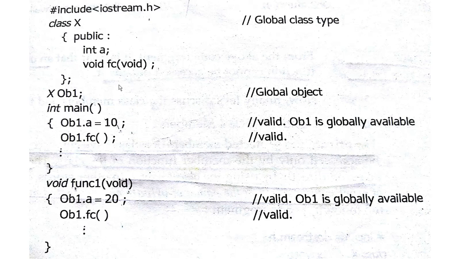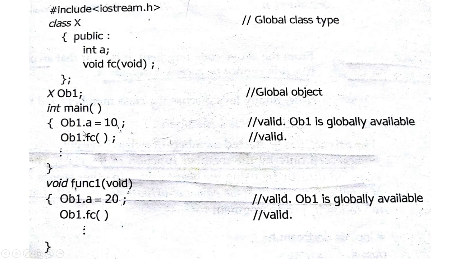Here is an example. We have the starting of the program here. Then we have a class X which is declared outside all the functions. Here is a main function, here is another function, and we are defining this class X outside all the functions. Therefore this is a global class. Now here we are defining an object outside all the functions, therefore this is a global object. Now inside main we are using ob1, that is the global object.